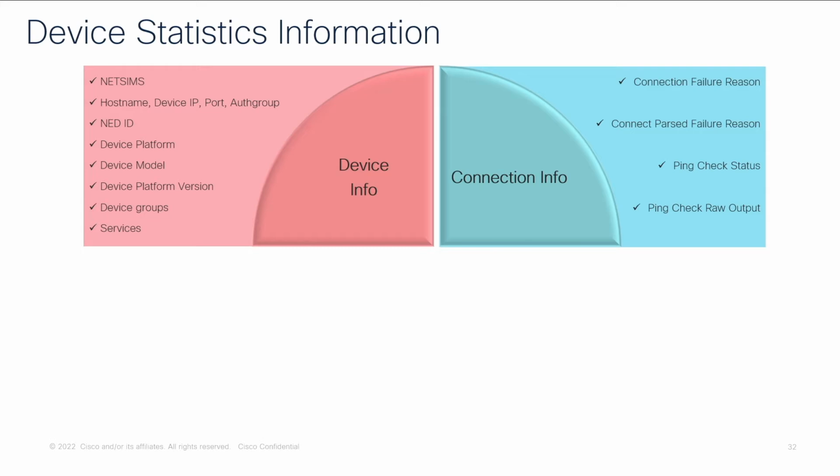Otherwise, if either ping failed or connection failed, we will show the reason behind. Sometimes connection timeout, not reachable, invalid SSH keys, or invalid password. Whatever the issue we are seeing, we want to show that information. So this is about the connection information.